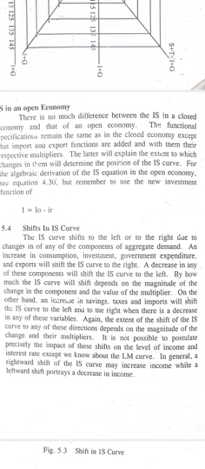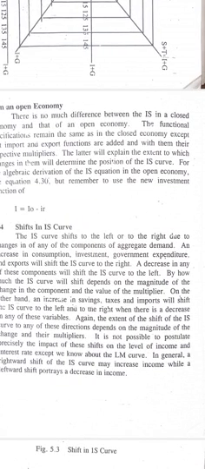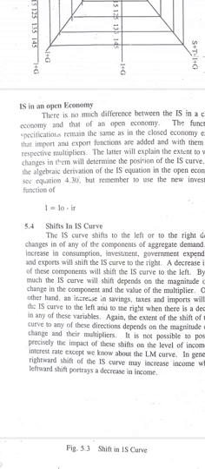Remember we use the new investment function, which we have said before is within the purview of our discussion now: I is equal to I sub 0 and the interest rate, IR.